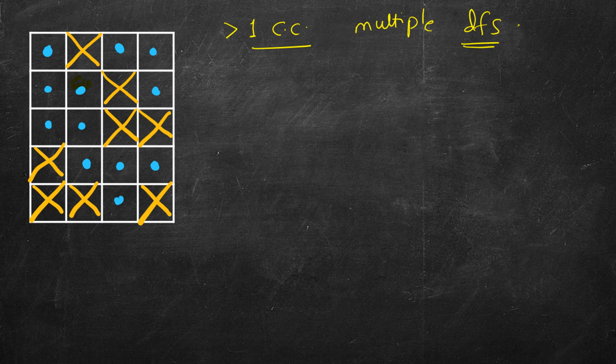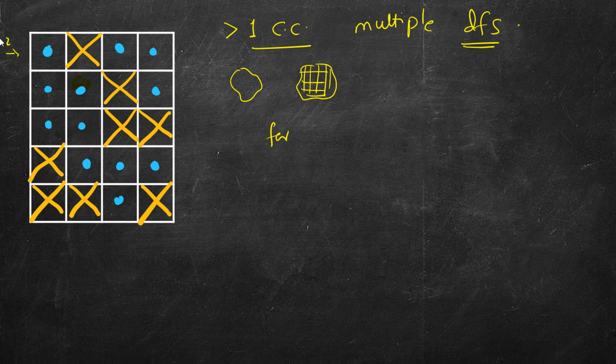And we will keep on doing DFS until we visit all the nodes, that is we have visited the complete island. Then we go to next island, again do DFS, we visit all the area in this land and keep track of the maximum. So what we will do, we will start 2 loops.